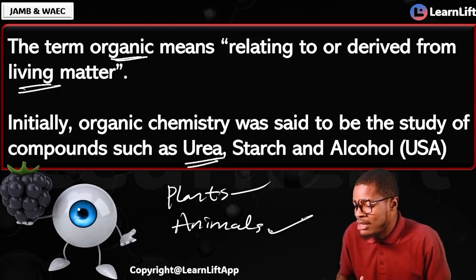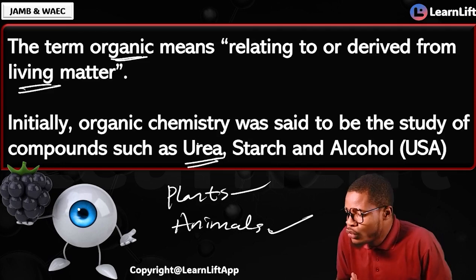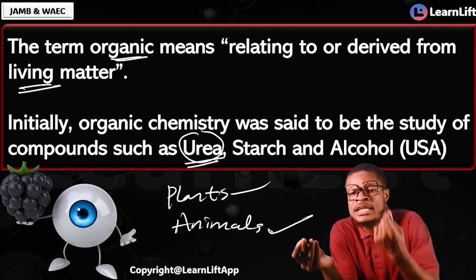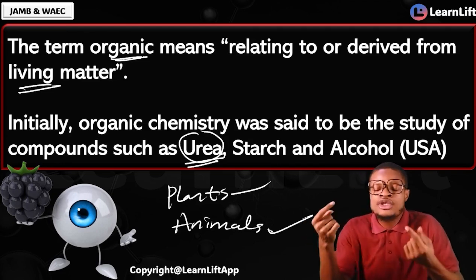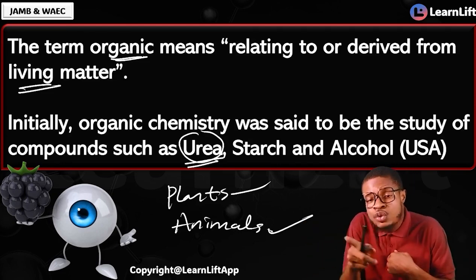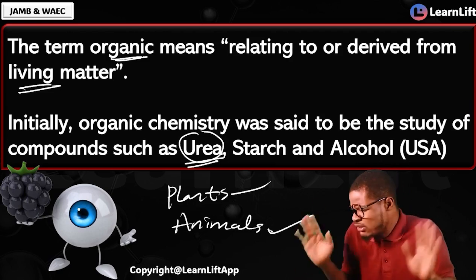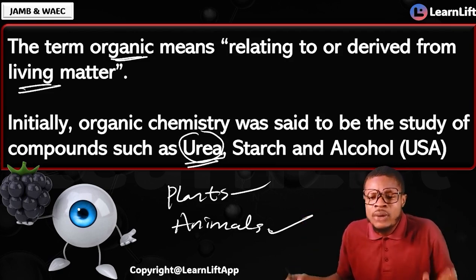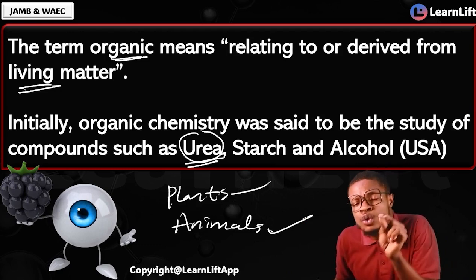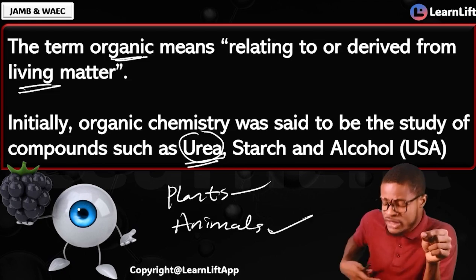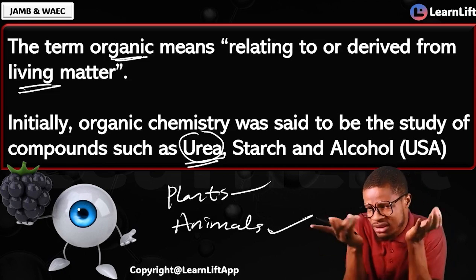Anything you derive from your animals, living. So urea, for example, where do we get urea from? Of course, it's a component of urine. And because humans eliminate urine from the body as a waste product, we can boldly say that your urea is organic because it is derived from living things. Does it make sense?